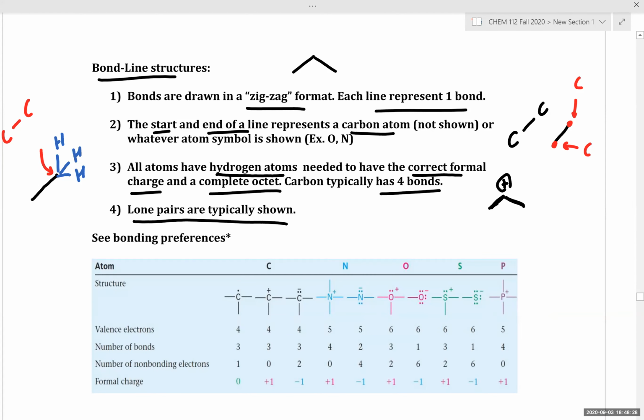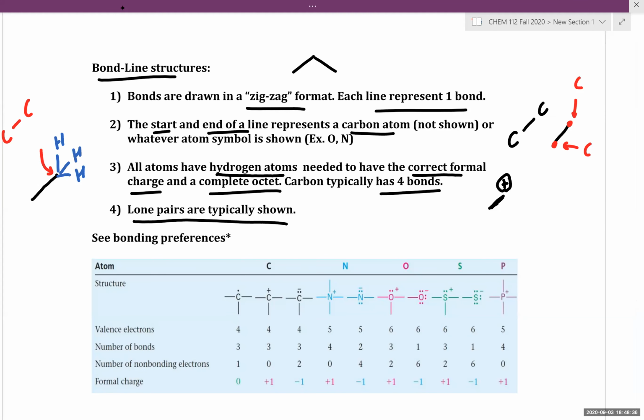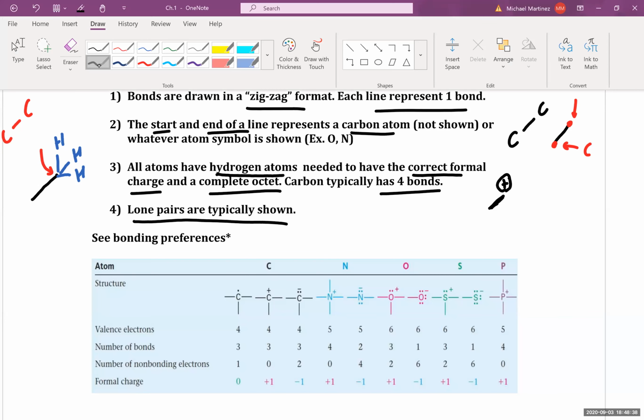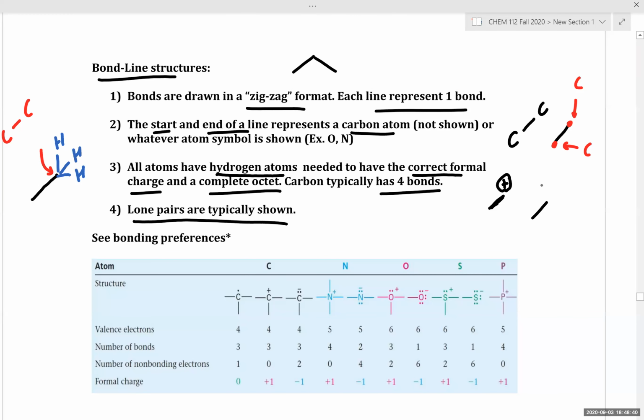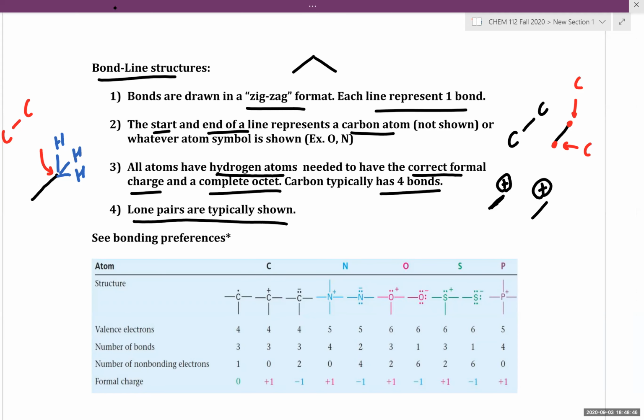Let's suppose we have a positive charge here, and I'll just simplify it further. Now that we have a positive charge, how many hydrogens do I need to add to my positively charged carbon with 1 carbon-carbon bond?